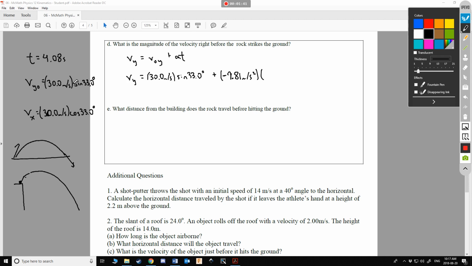Our time we found from the previous question was 4.08 seconds. So we have 30 sine 33 minus 9.81 times 4.08, and we get Vy equal to negative 23.7 meters per second.